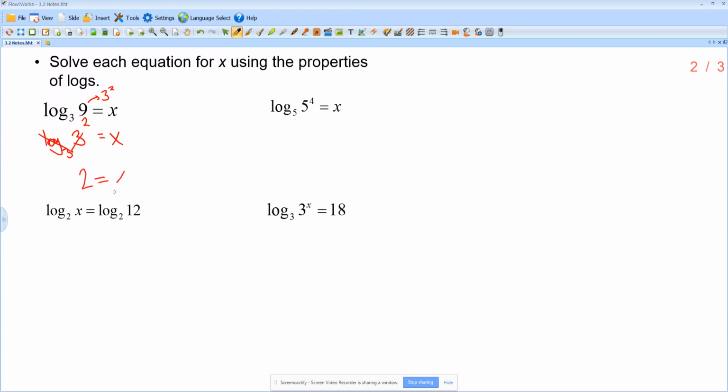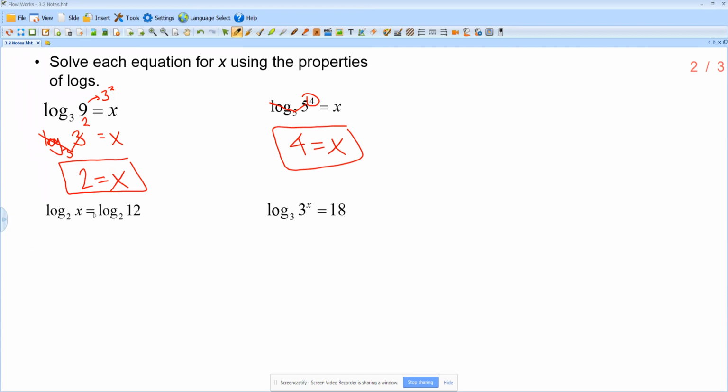So 2 equals x. In this case, you have that same thing, log base 5 of 5 to the fourth. So the logarithm and the exponential cancel, and I'm left with just 4 equals x. That 4 no longer is an exponent because I've just done the inverse of an exponential.